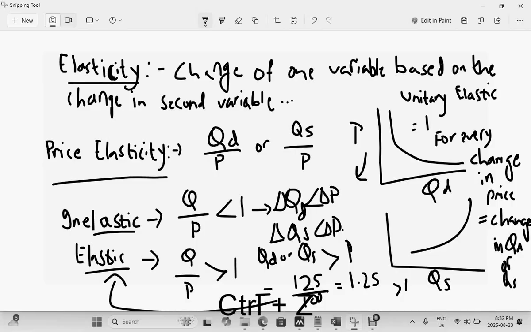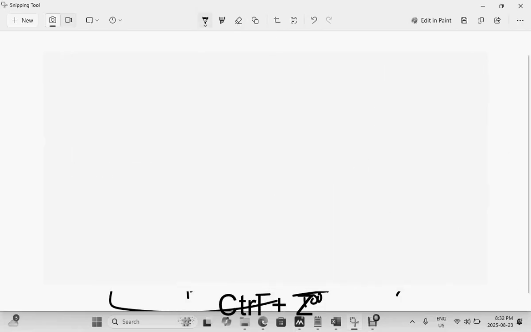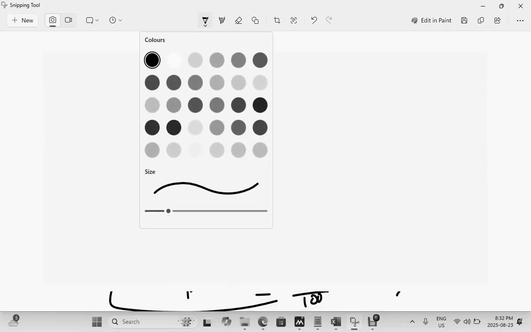Now, suppose you were to draw a graph to show elastic, inelastic, and unit elastic products. You can start off with elastic. Because the quantity demanded or supplied is more than the change in price, this curve will be something like this, for example.